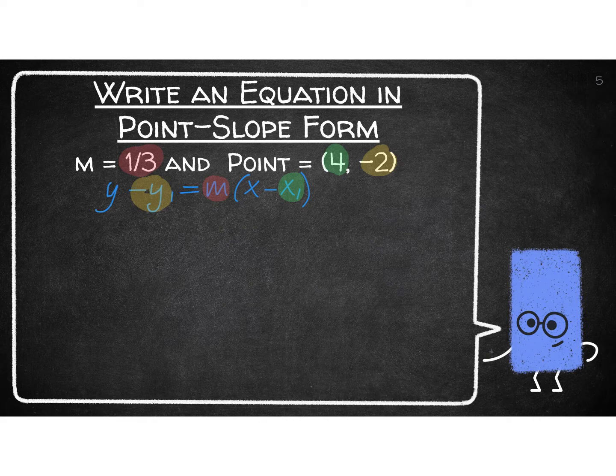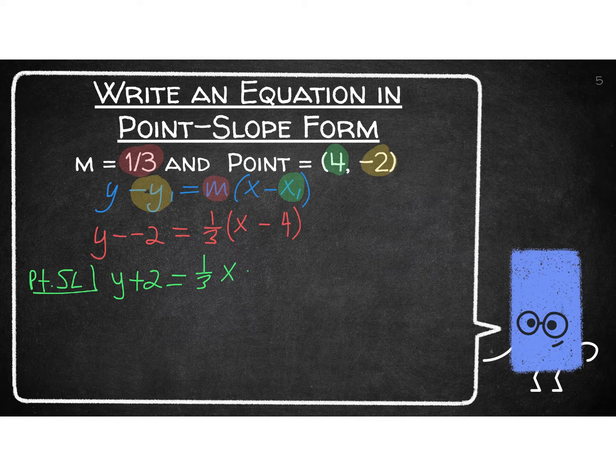All right, so putting in what we know, y minus -2 equals my m, which was 1/3, times x minus 4. And then simplifying that, point slope is y plus 2 equals 1/3 times x minus 4, and that's in parentheses. So that is your point slope form right there.